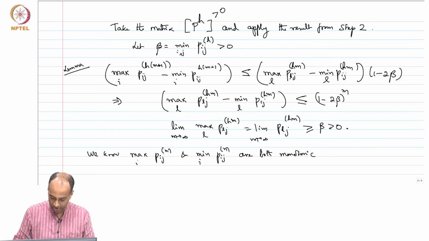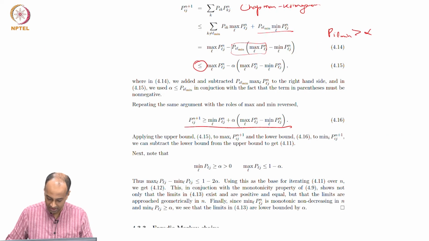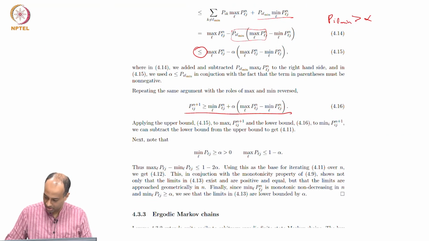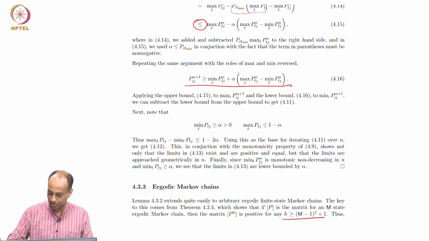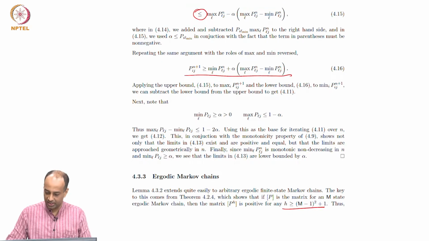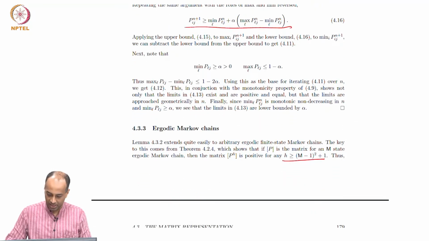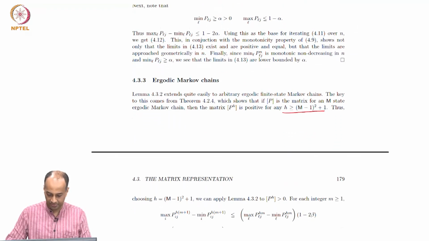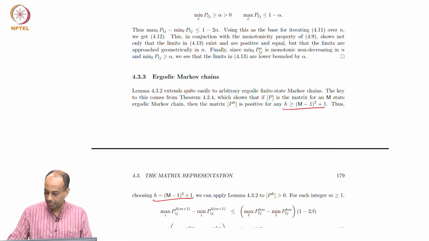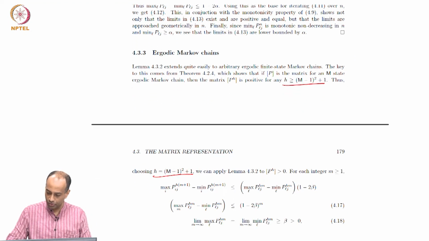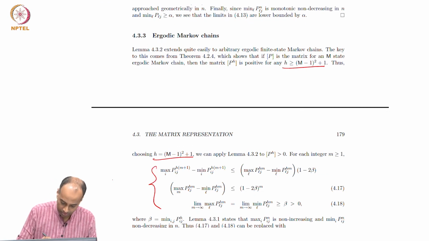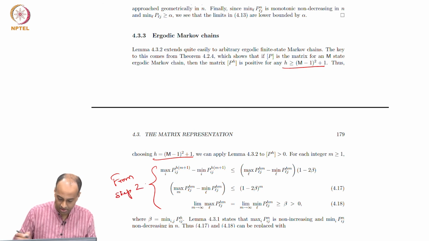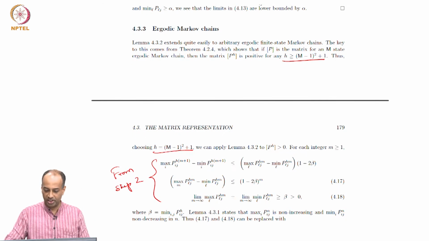Dot dot dot. This is also there in Gallager. If you look at this bit on ergodic Markov chains, for any h greater than or equal to that much, you're guaranteed that P to the h is positive. I've just taken h equals (m minus 1) squared plus 1. So for the matrix P to the h, you can apply, this is all from step 2. I'm blindly applying that result for the strictly positive matrix P to the h.